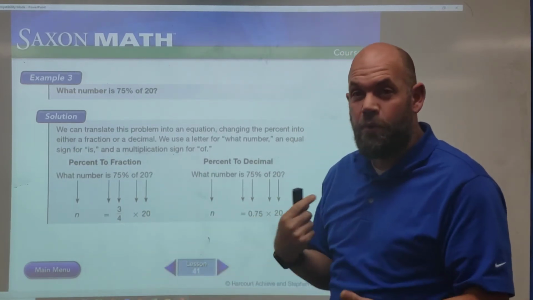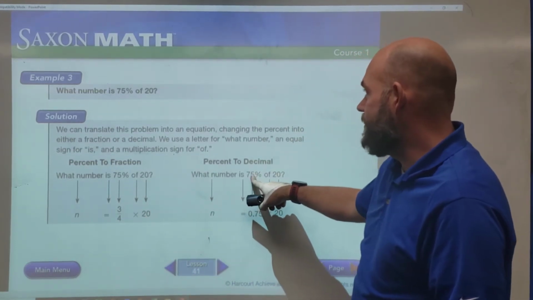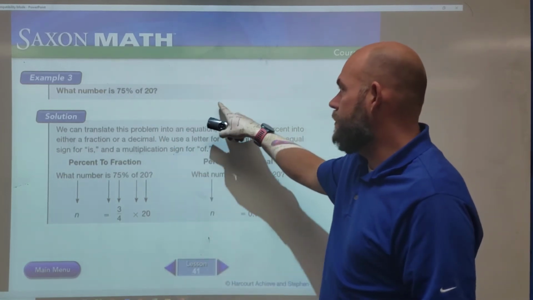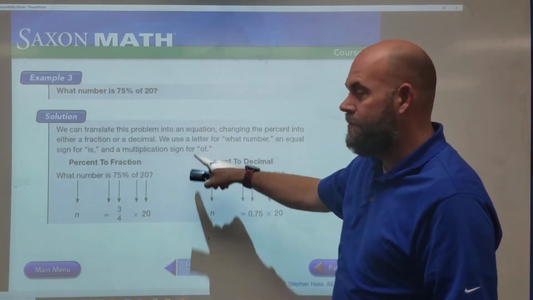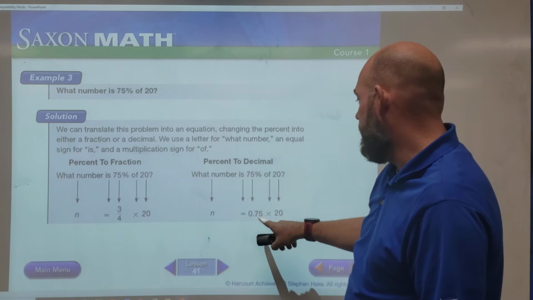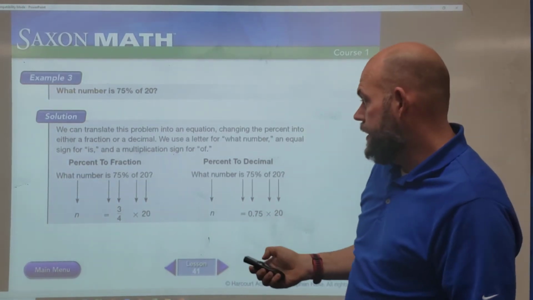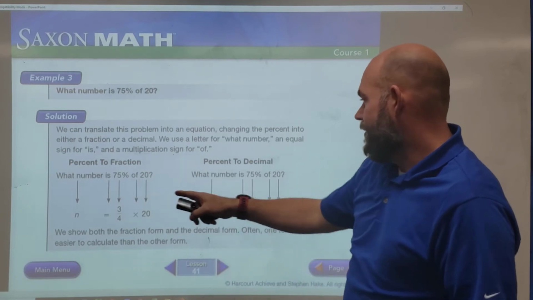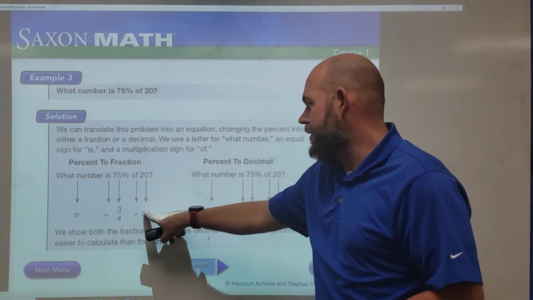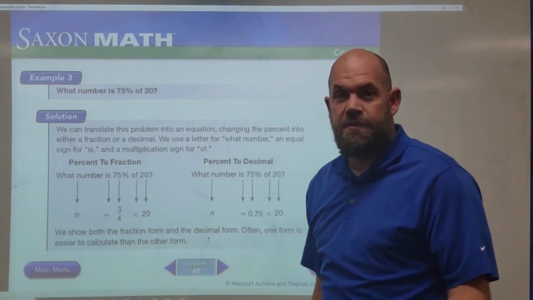So this is a little more involved. Now if we want to do it as a decimal, 75%, we just move that decimal over to 0.75 and just times that by 20. So just 0.75 times 20. You can do it either way. If we do 3/4, 3 times 20 is 60, divided by 4, we're going to get 15.